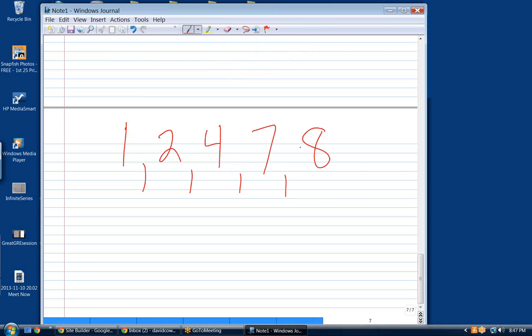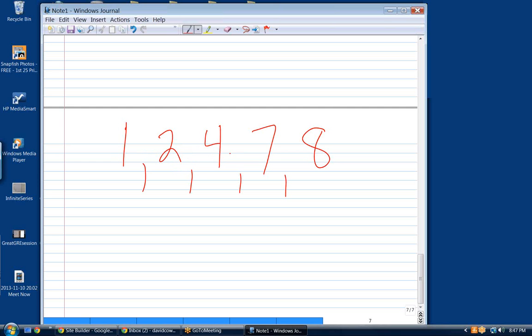There's a sequence. That's not an arithmetic sequence, and it's also not a geometric sequence, but it's nonetheless still a sequence. A series, on the other hand, is the sum of a sequence.